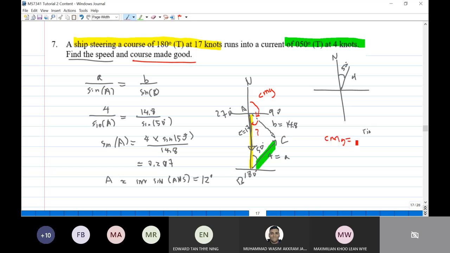CMG is equal to 180 minus 12 degrees. 180 minus 12, get 168. Okay, so this is how you answer question 7.